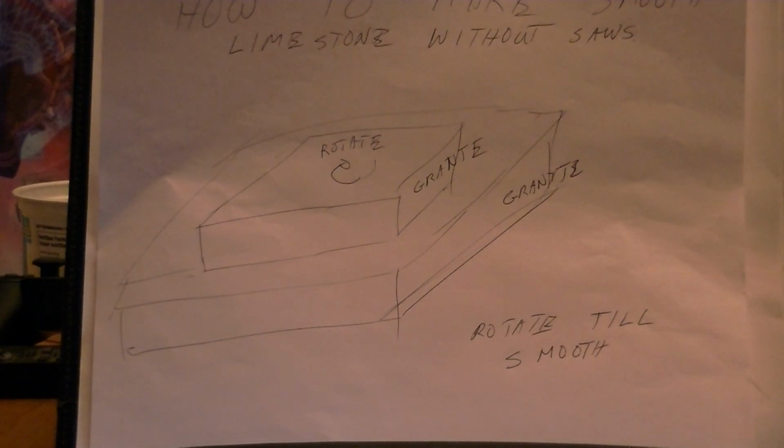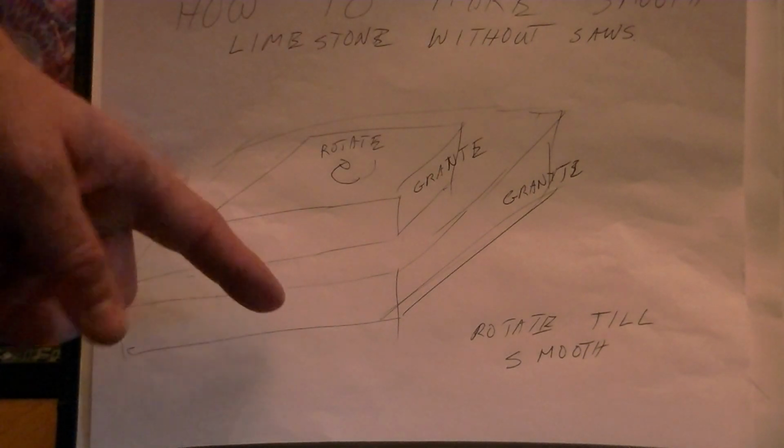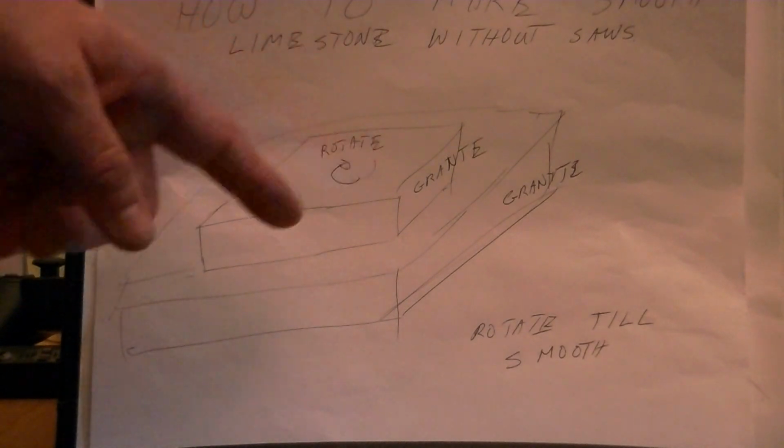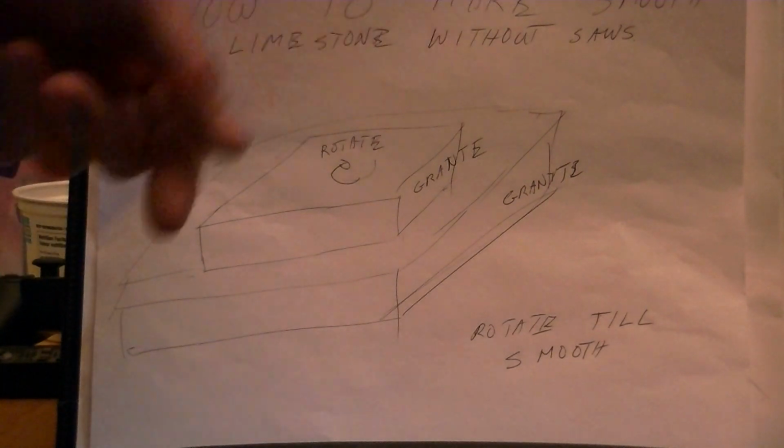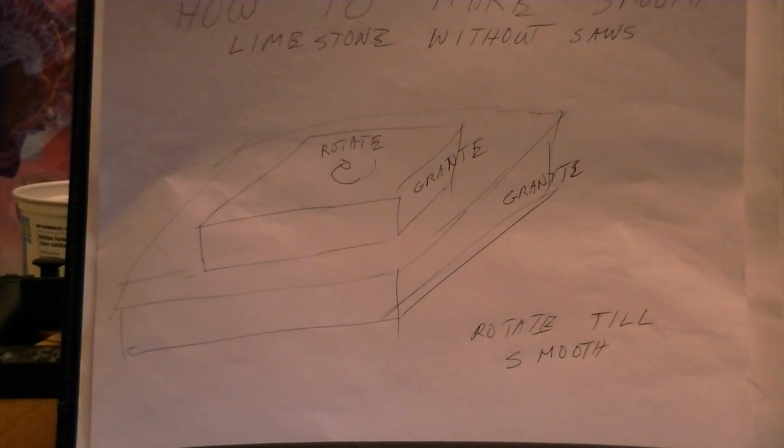Once it gets smooth, then you take it off. You got your smooth granite sander, basically, to put a limestone on there with a bit of granite granules on top of that limestone, or even limestone, and you just rotate it until it's smooth.